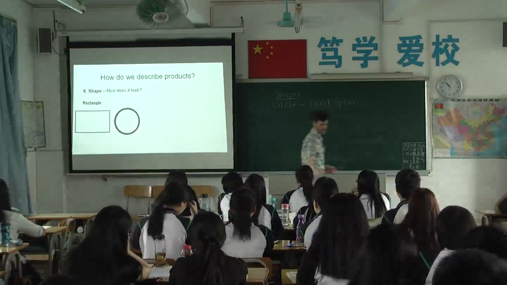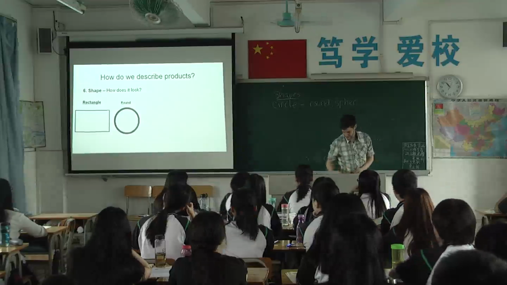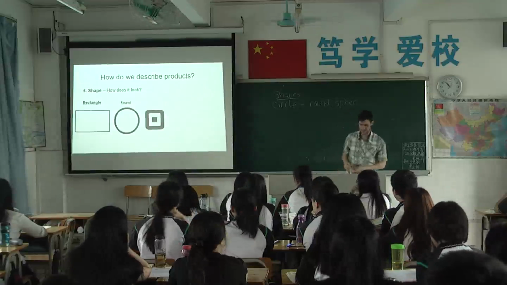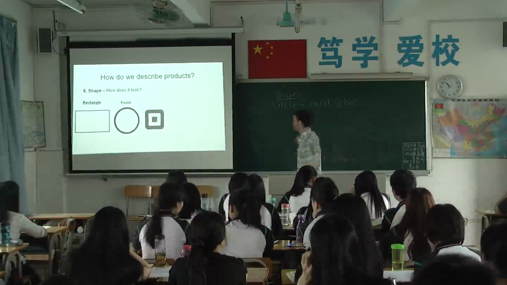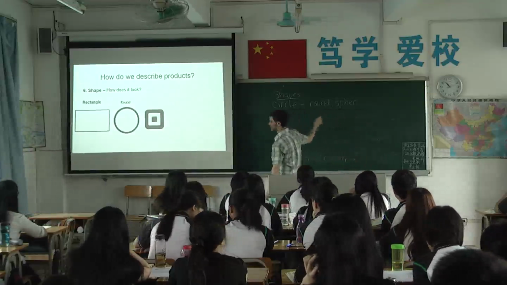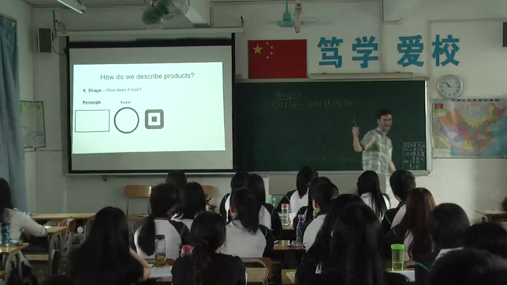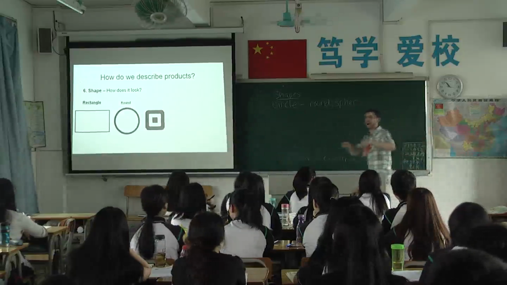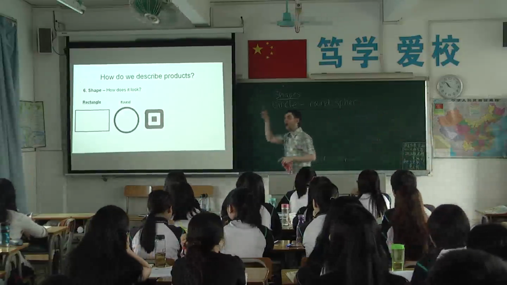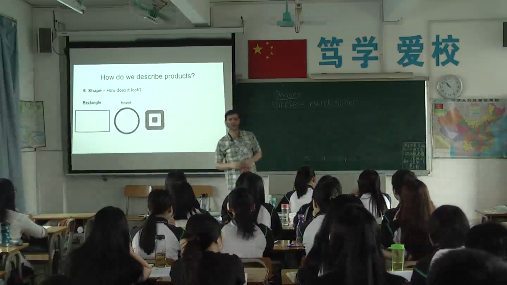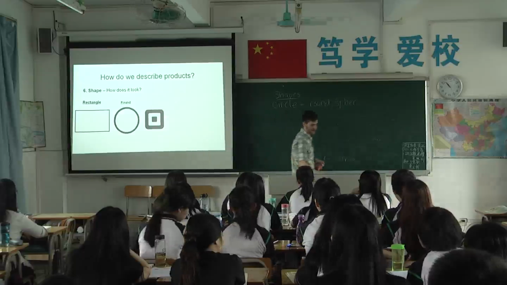Next shape. What's this one? Square, right? All sides are equal. This is a square.